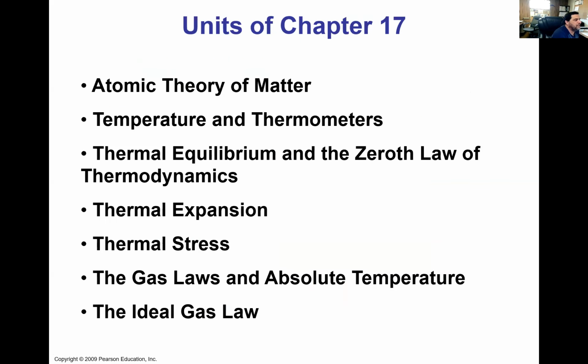So we'll briefly touch on atomic theory of matter, then we'll go over temperature and thermometers and the different temperature scales. We'll talk about thermal equilibrium. We'll talk about thermal expansion and thermal stress. Thermal expansion and stress are really the two topics that are engineering statics related. Then gas law and absolute temperature, and then ideal gas law.